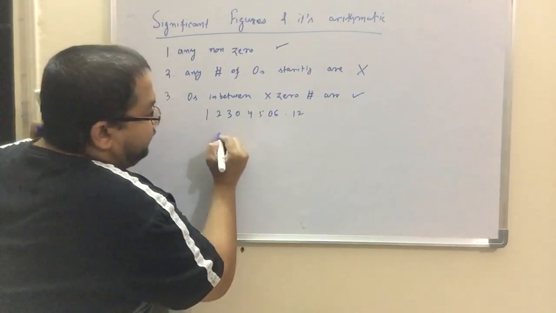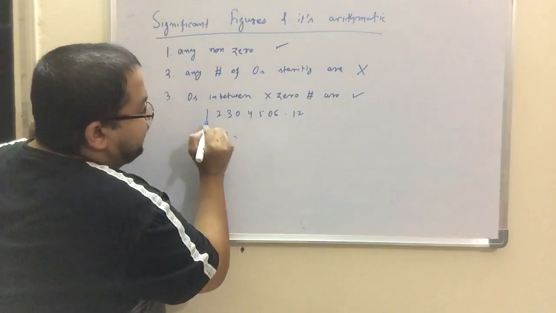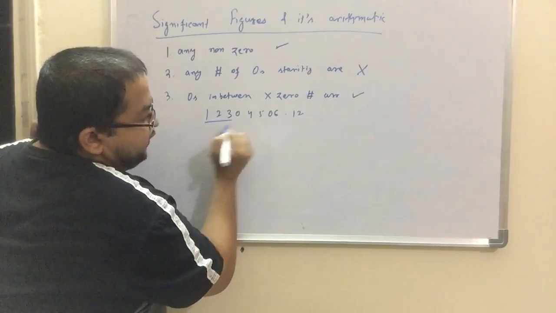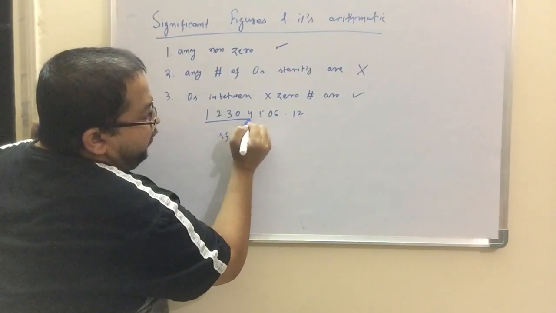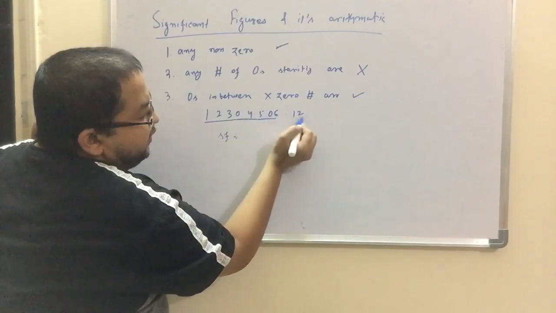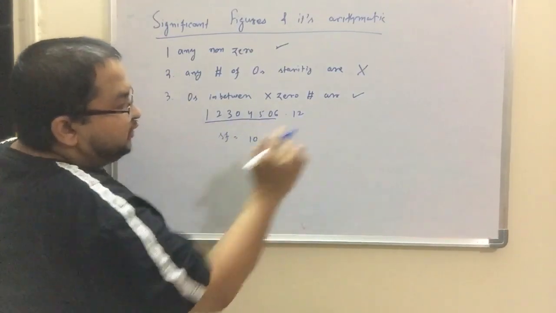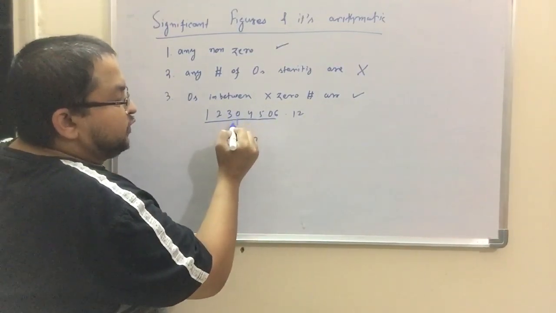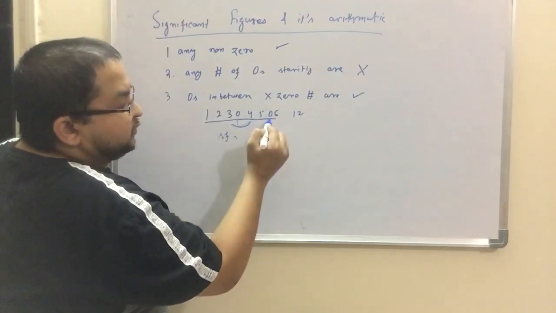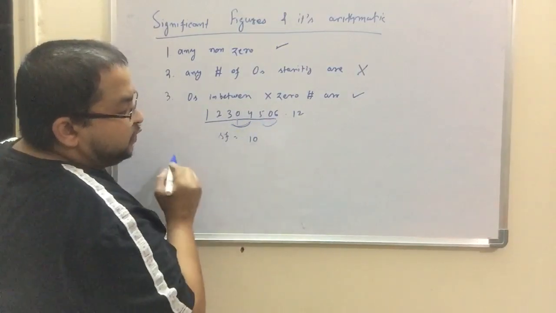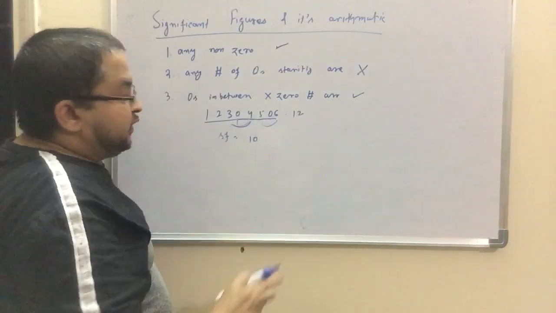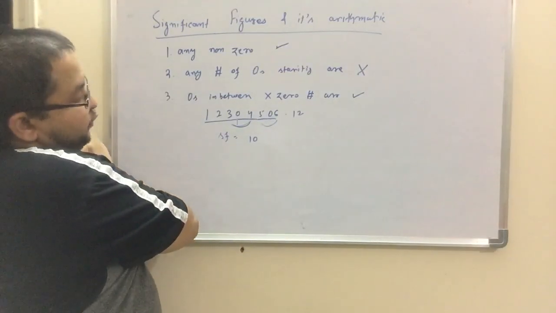Here, the number of significant digits should be 1, 2, 3, 4, 5, 6, 7, 8, 9, 10. So all are significant. As this 0 is in between two non-zero numbers, and this 0 is in between two non-zero numbers, they all will be considered significant digits.